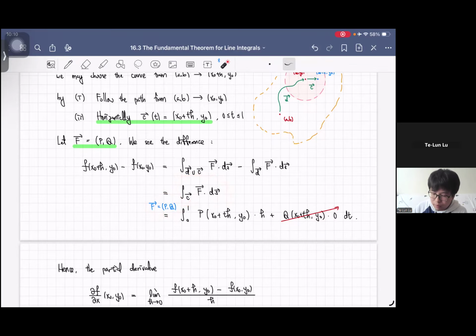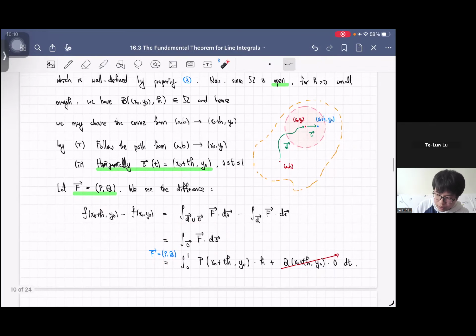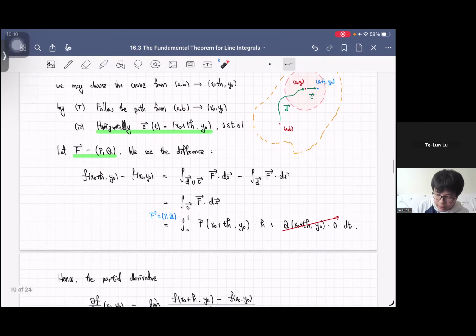Let us first parameterize this C(t). C(t) is really simple: it is (x0 plus t h, y0), where t goes from 0, which is this point, to 1, which is this point. Let us evaluate this line integral. We plug in F at (x0 plus t h, y0), and we multiply by c prime of t. In this case, c prime of t is simply (h, 0), right?